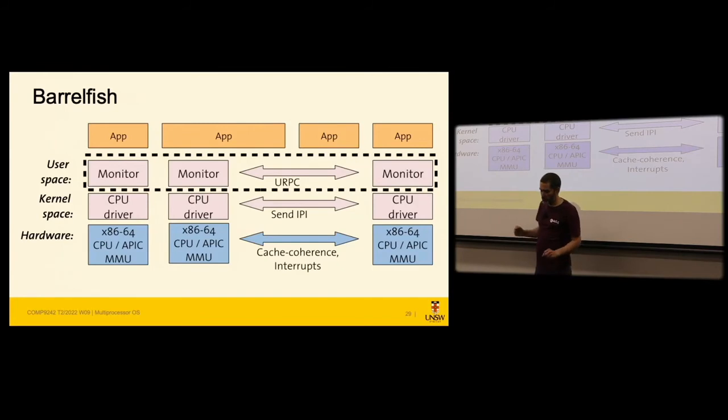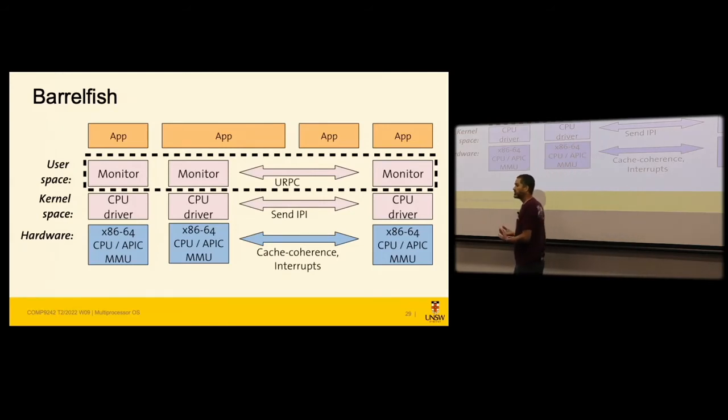And Barrelfish introduces a special user space process called the monitor on each processor. And the monitor is able to dig into the kernel and do things like create capabilities and so on, manipulate capabilities that other processes aren't allowed to do. So it has some special access to the kernel. And then any synchronization of state between the kernels happens through the monitor.